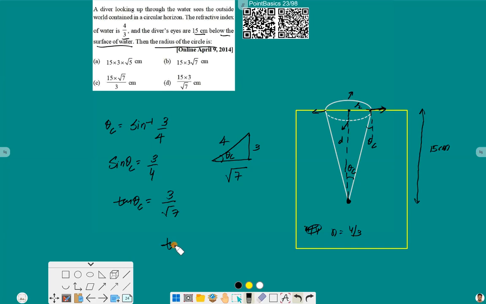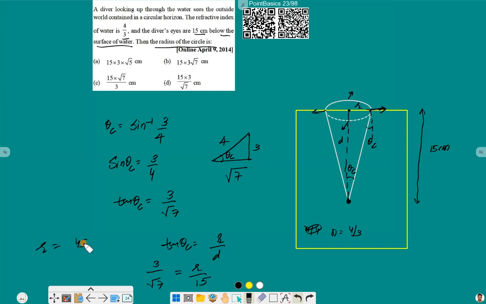So tangent of theta c will be equal to radius by depth, that is d. Now tangent of theta c, 3 by root 7, is equal to r by 15. So r will be 45 by root 7, or 15 into 3 by root 7, that is option D here.